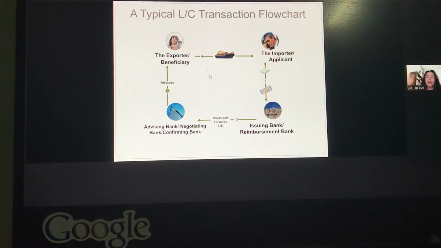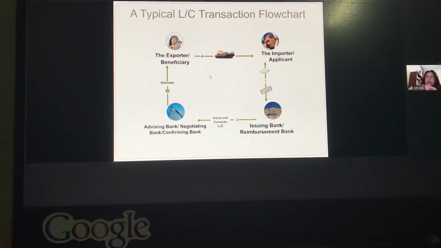Checking the content of the LC is not step number 4. Why do I say that? Look at the slide: after step number 3, the exporter has the LC, right? Yes, because he received the LC from the advising bank.